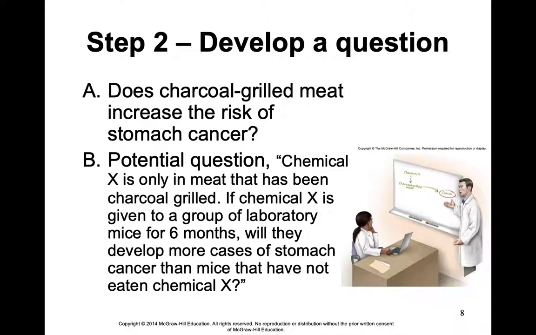So from there, they'll do lots of different types of experiments. One which might be to isolate a certain compound that's only found in charcoal grilled meats and determine if that particular compound increases stomach cancer in lab rats or mice.